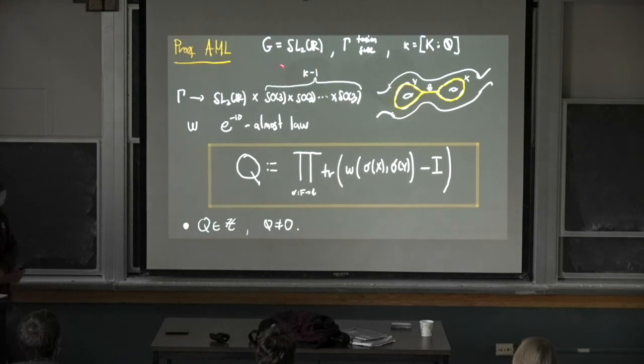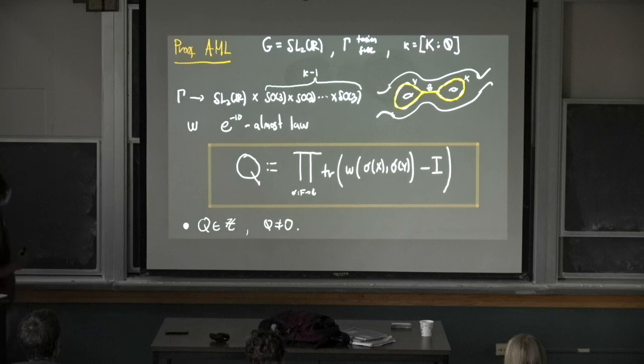So I'm going to restrict to the case of GSL2R and gamma torsion free, which corresponds to just a hyperbolic surface. And here, this is the trace field. This is the degree.